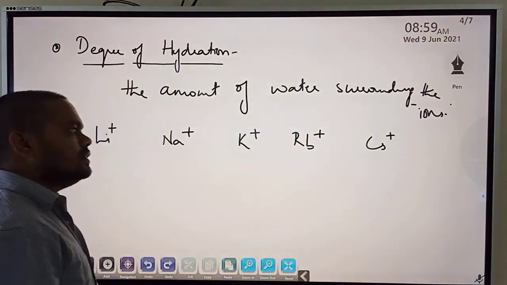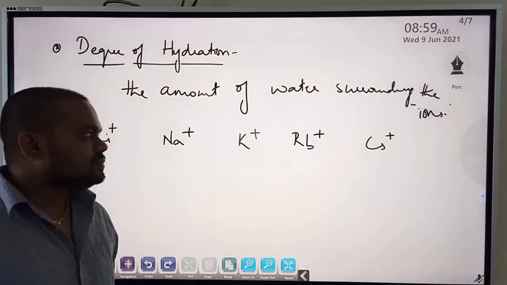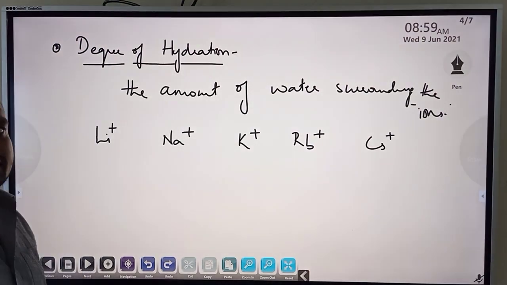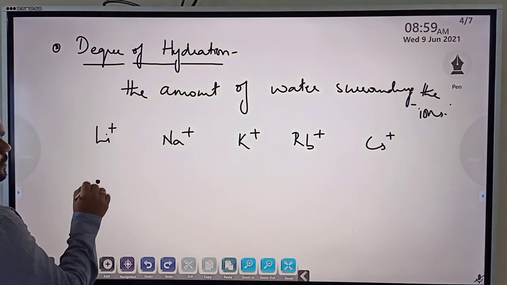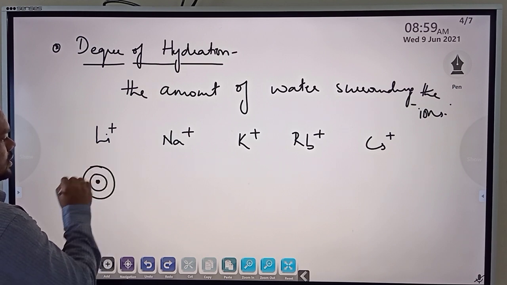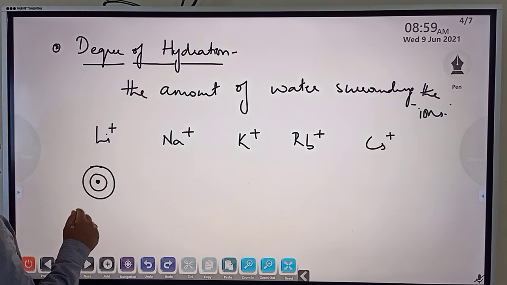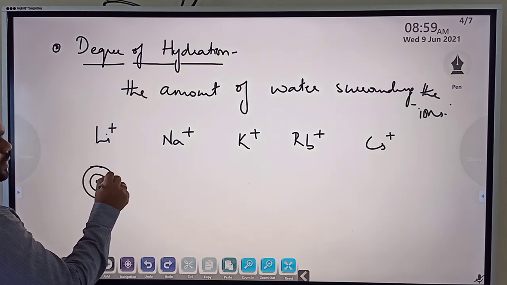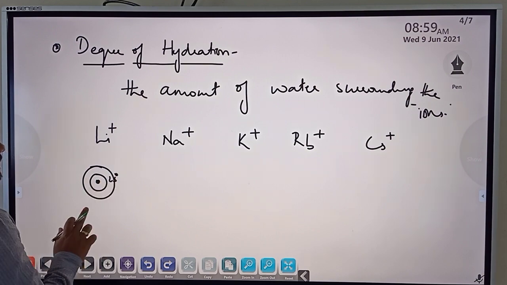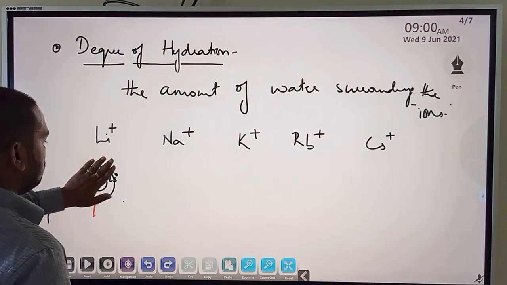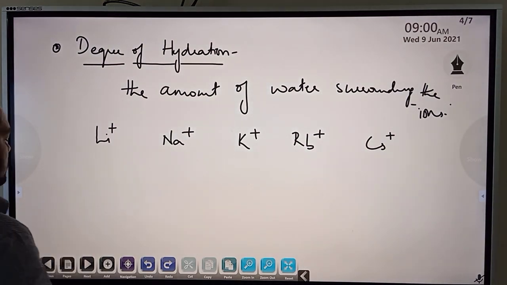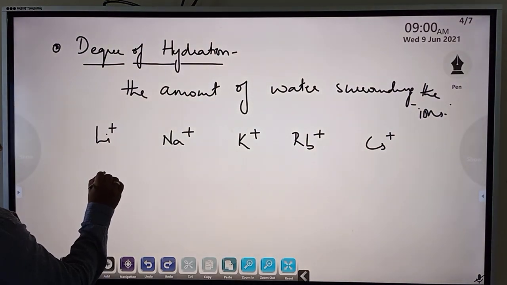We know that out of these, the smallest atom is lithium, with first shell and second shell. Now Li+, the second shell would be 2s1, but now 2s0. In other words, the second shell has been lost. Can I say so? Nucleus at the center and the first shell.